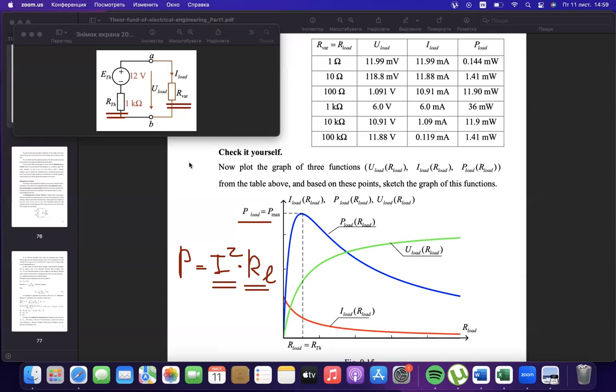But the main problem is that if these two resistivities are equal, then we heat the load and our source at the same time, and the energy that we take from the source divides into two different parts. The heating, the positive work, the heating of our consumer, equals our negative work, our losses inside the system, because we also heat the internal resistance.